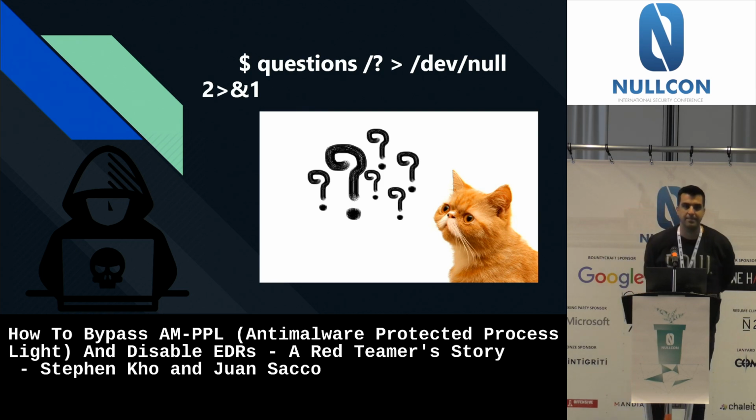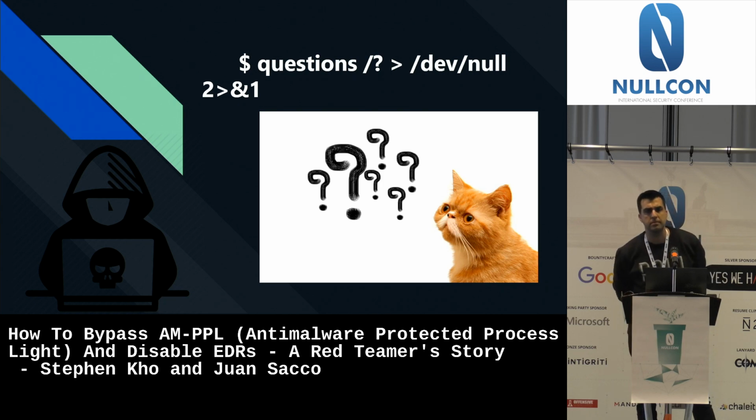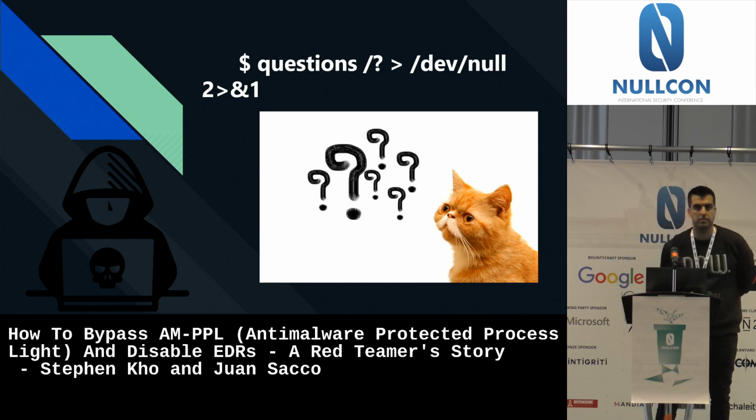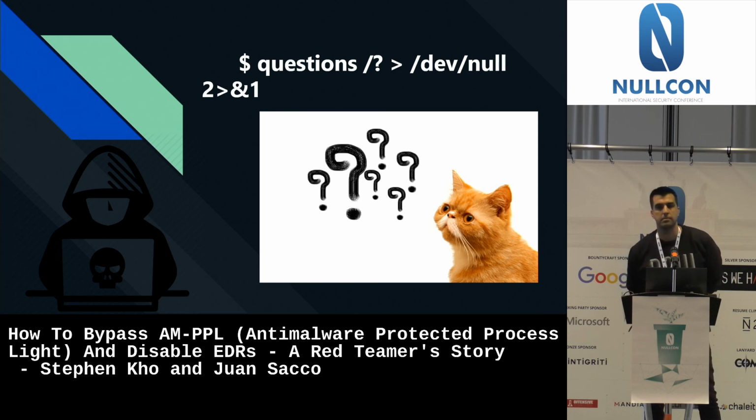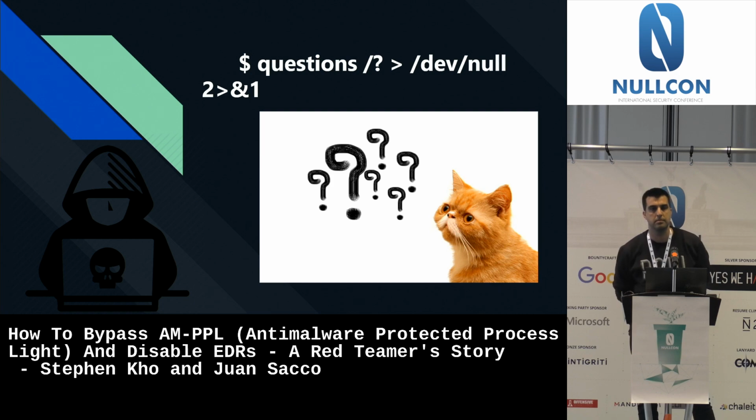Thank you very much for your talk. I would like to ask, EDRs usually have multiple processes and services. Even if we manage to corrupt the memory of these processes, from a SOC perspective, would we have warnings or flags?